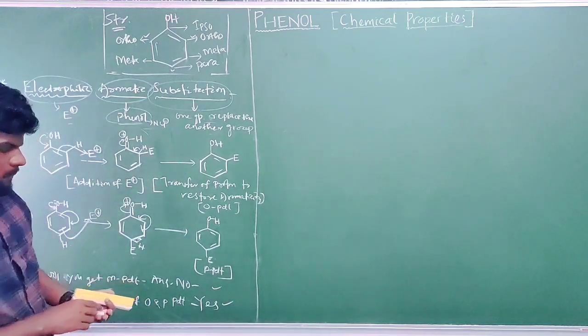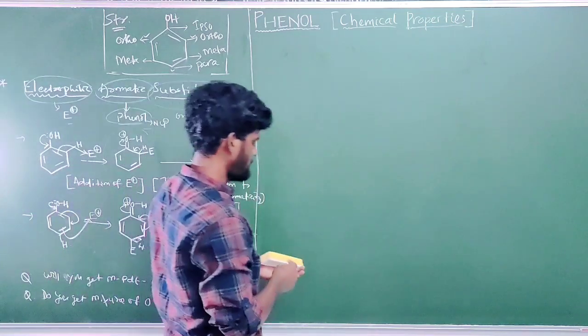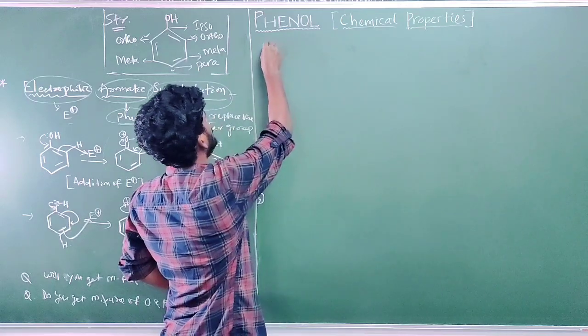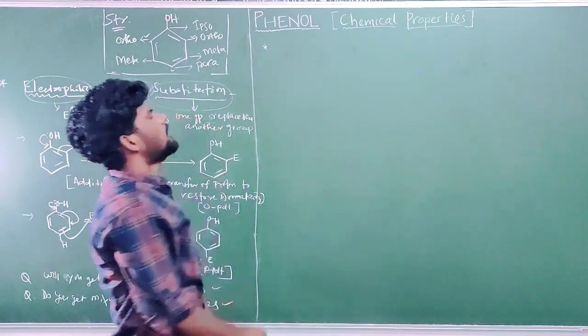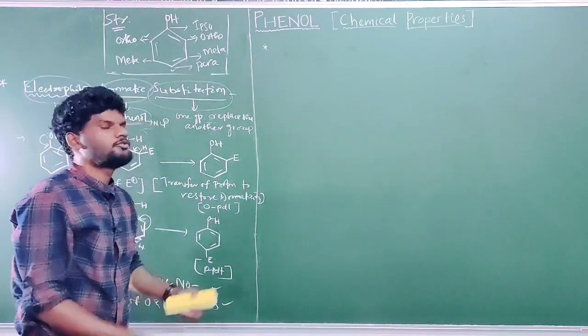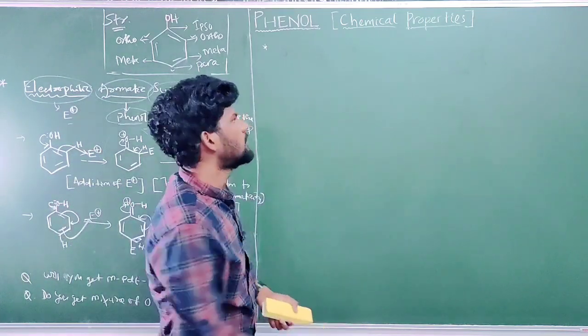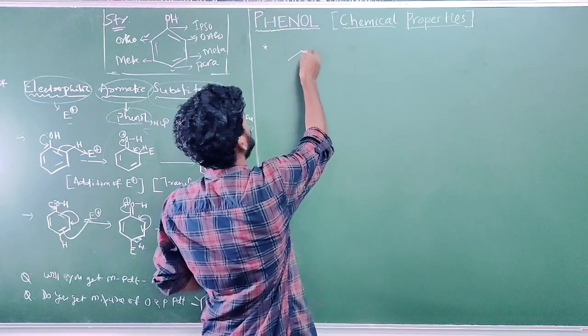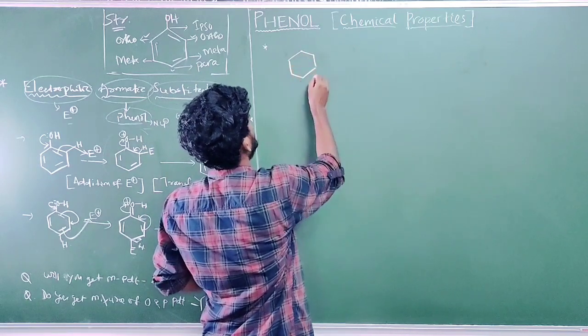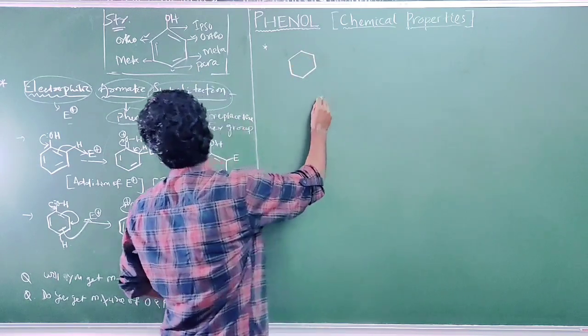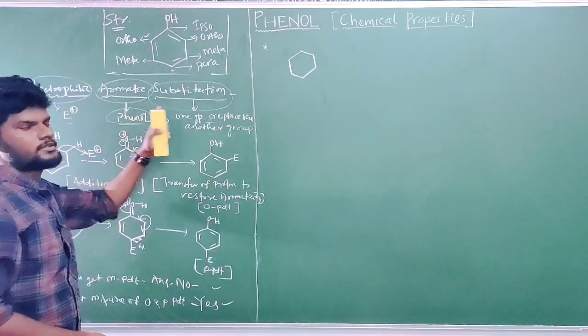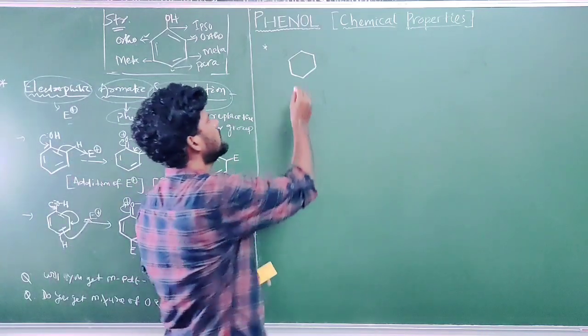Okay, so now look at this side. I have one question for you. Between benzene and phenol, which is more reactive? More reactive means which undergoes the electrophilic aromatic substitution process better.